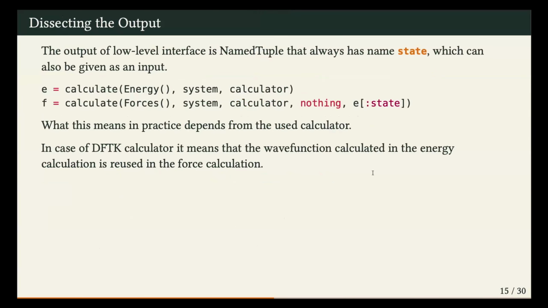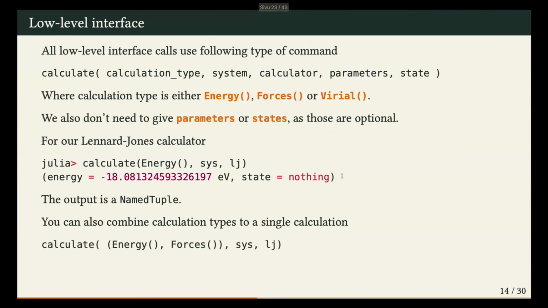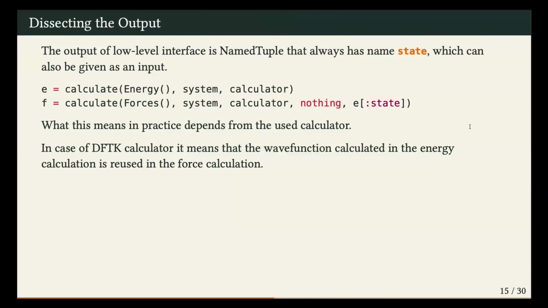And if we look at what's the output, here we have this state, then what you can do is this kind of example. If you use the DFTK calculator, it actually supports this one. So here the first call returns this, and now the state is not actually nothing anymore. It's an internal state of DFTK.